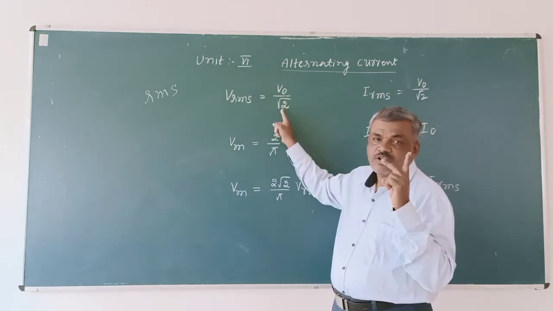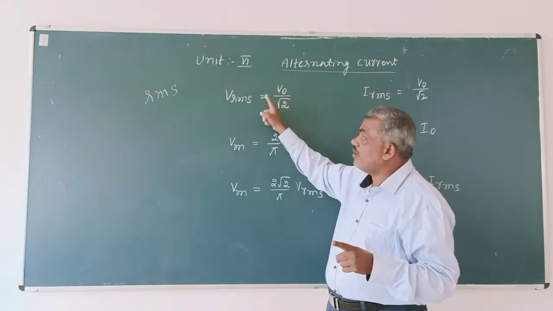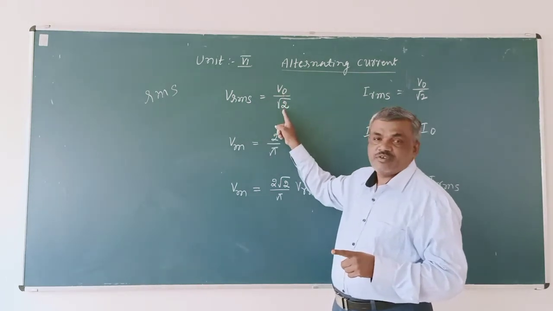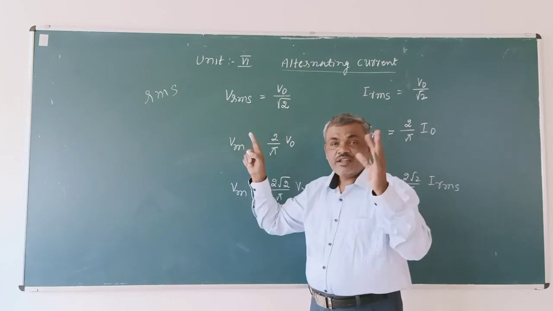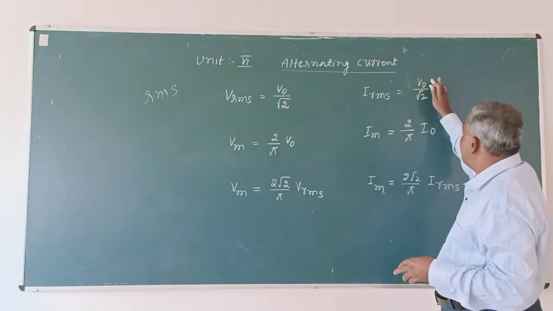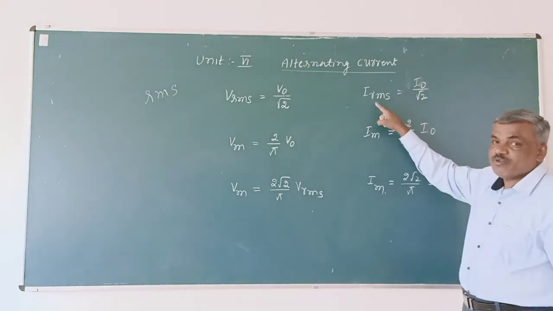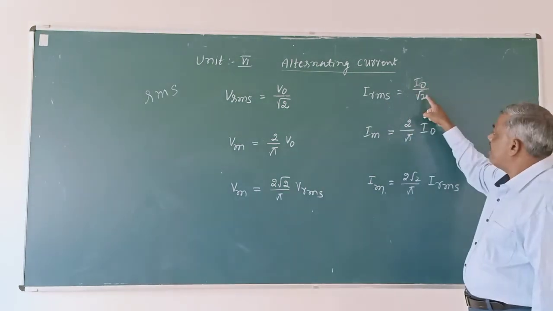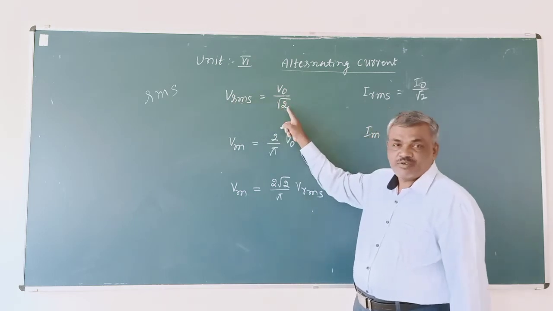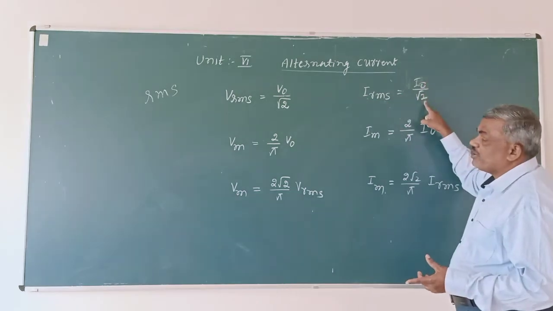This is a very important one-mark question. Similarly, the relation between RMS and peak value of alternating current: Irms equal to I naught by root 2.